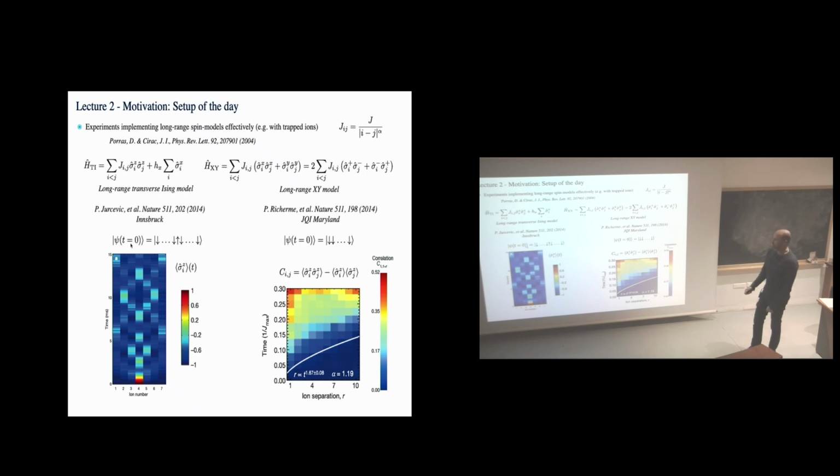For example, take an initial state where you flip one spin, and then you see how this spin propagates in your system. Or, probably more excitingly, they can prepare a highly excited state for this type of model, and then look at some spin-spin correlation. This is a two-body spin-spin correlation as a function of time, and one sees how these correlations spread out in the system.